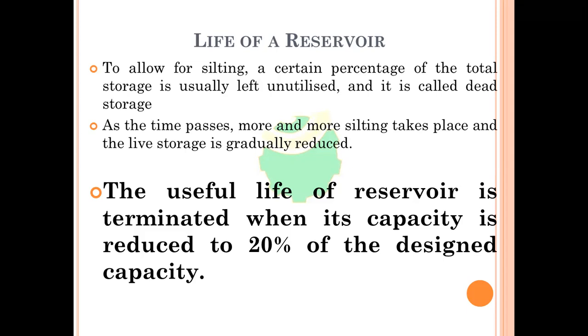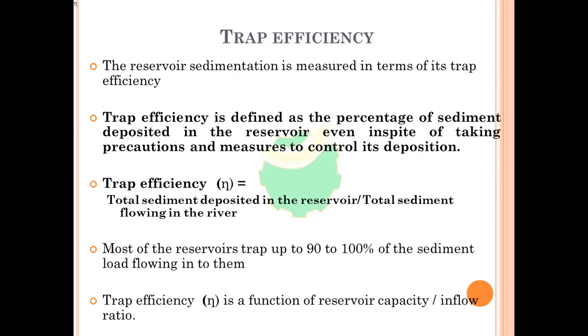So the reservoir life is closed. In this lecture, we calculate how many years it will take to terminate the reservoir capacity. The useful life of a reservoir is terminated when its capacity is reduced to 20% of the designed capacity.